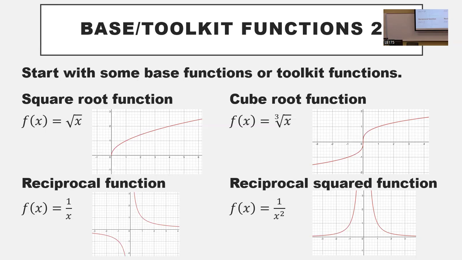The cube root function is basically like the cube function turned on its side, like rotated and turned on its side. F of x is equal to 1 over x. Our book calls that the reciprocal function. 1 over x squared, our book calls that the reciprocal squared function.